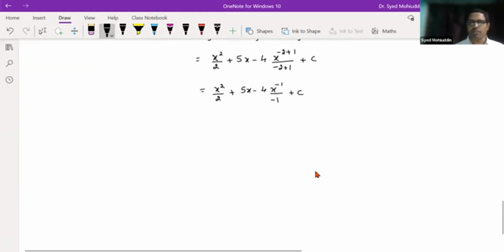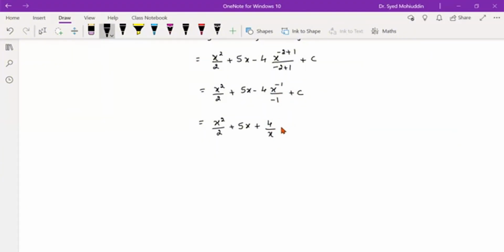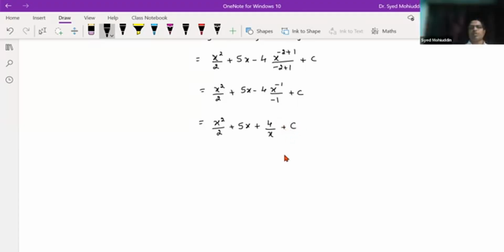Or further I can simplify this one. This will be equals to x square by 2 plus 5x. Now let me just multiply this minus 1 over here. Minus into minus will become plus 4. Because the x power is negative, to make that positive, I'll write it in the denominator, divided by x, right? Plus this constant of integration c. So that will be the required solution.